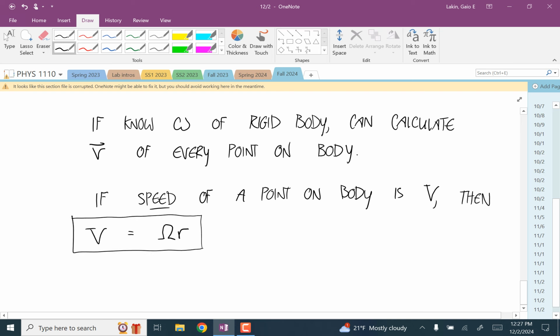And the meaning of these is, this capital omega is just the absolute value of the angular velocity.